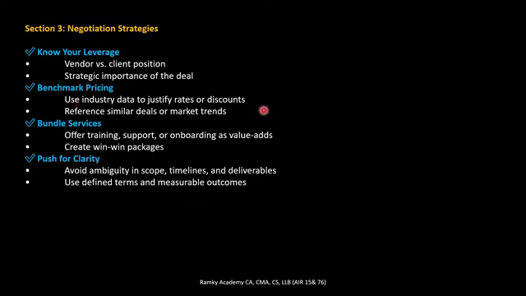And benchmarking prices also, you need to justify the benchmarking conditions, what kind of services you are delivering, and what kind of geographical parameters you are using for the benchmarking, in the same industry, same level of technology, same level of geopolitical environment. You have to consider these for the benchmarking.